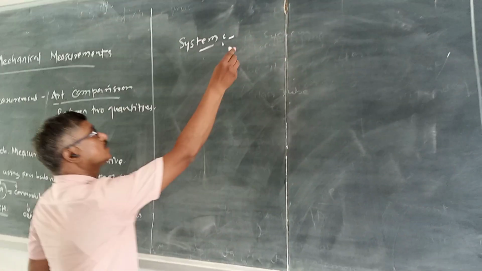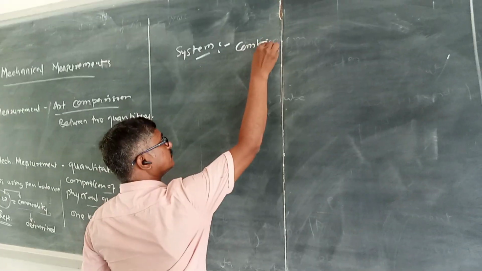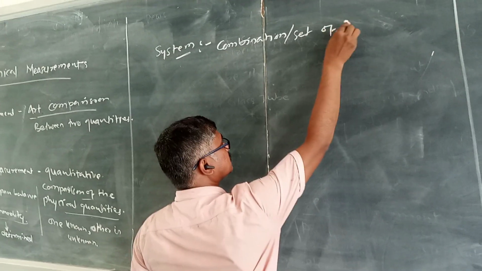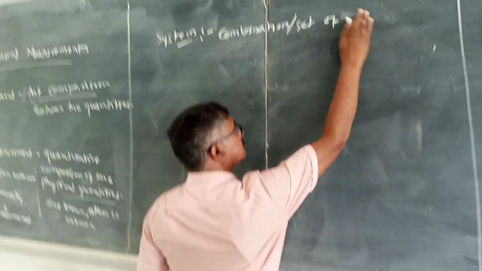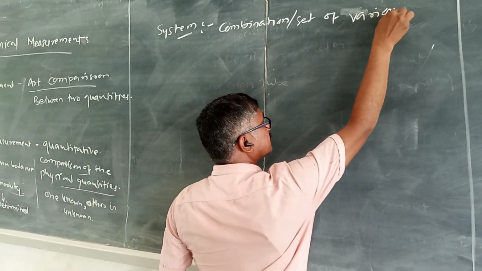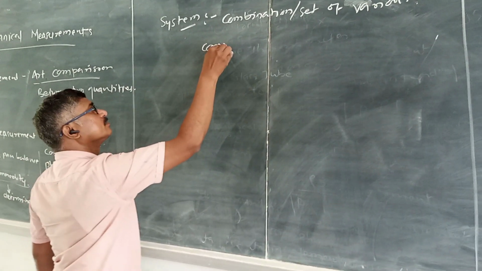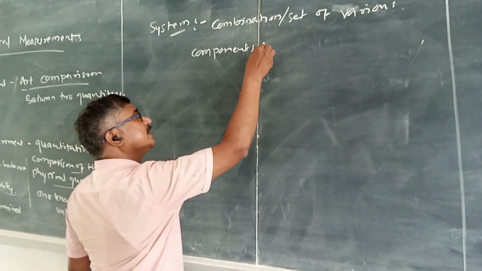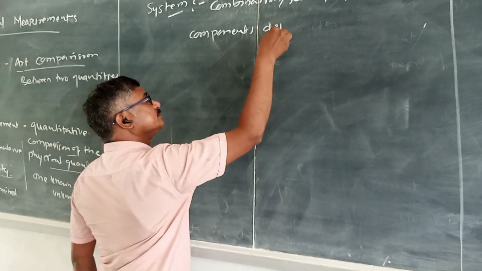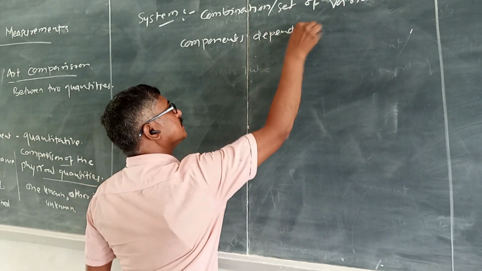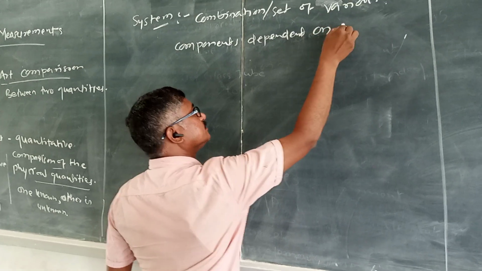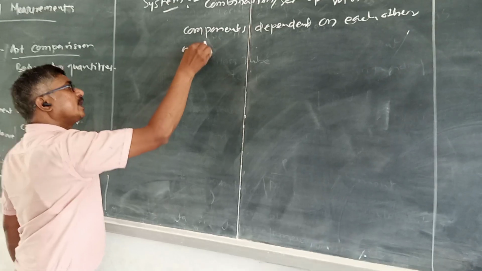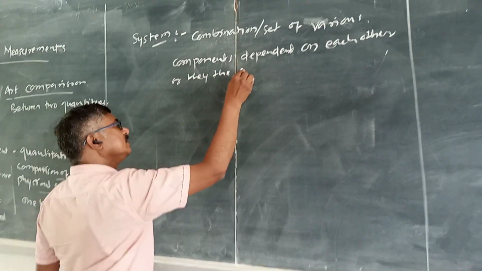A system is a combination or set of various components which are dependent on each other, or they have a relationship.